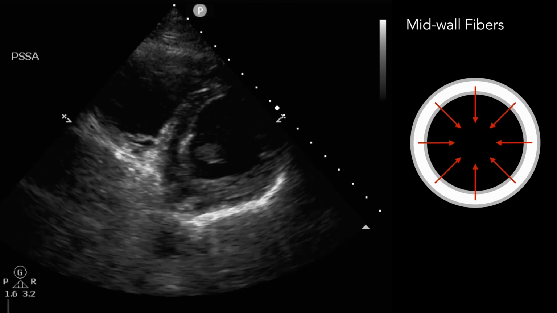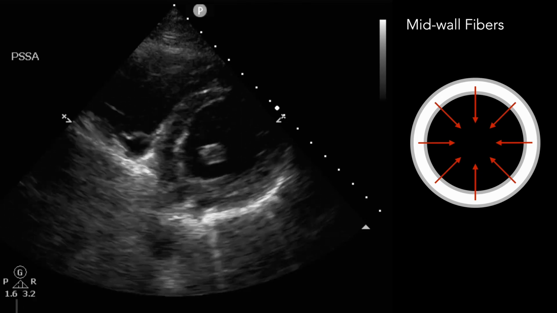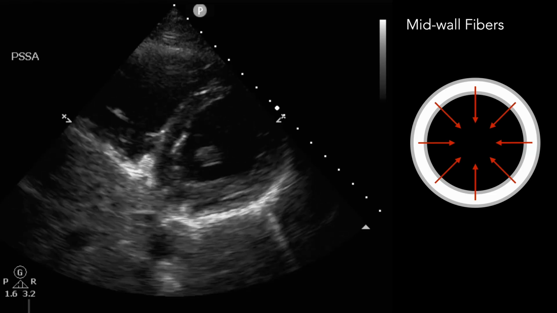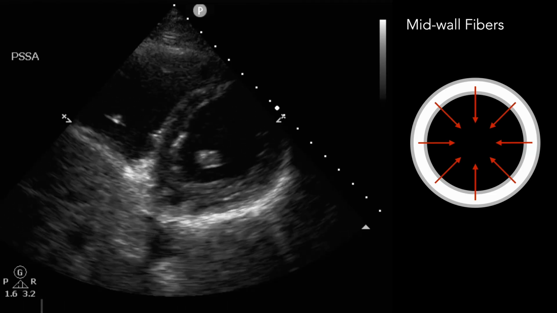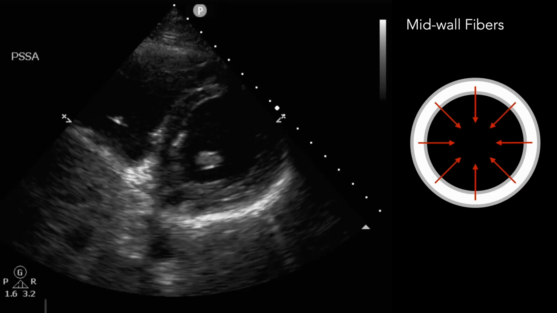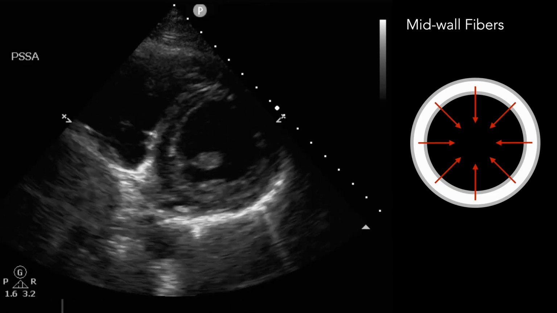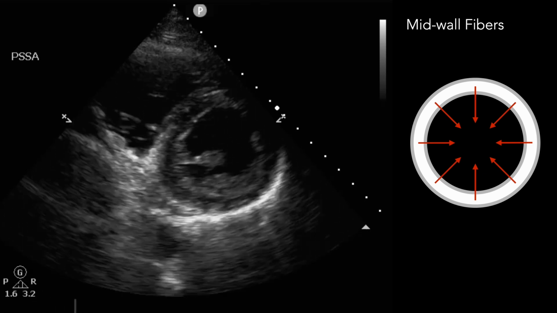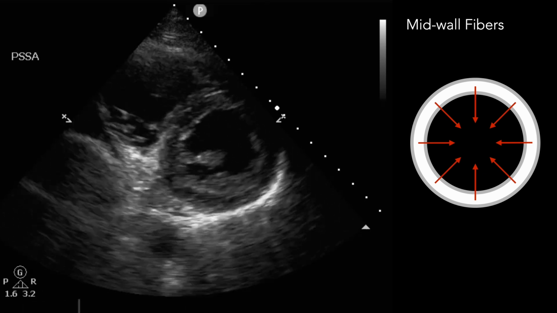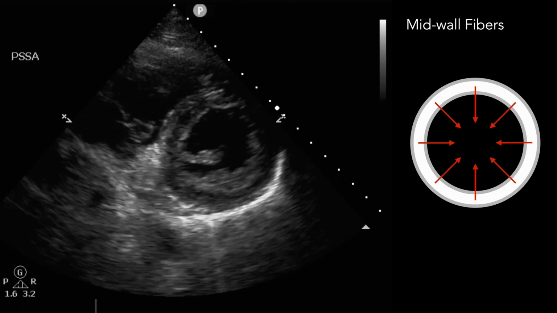One of the things that I like to do when I'm scanning, particularly the parasternal short axis, which is what we see here, looking for regional wall motion abnormalities, is to literally put my finger in the middle of that screen. And okay, don't touch the screen because it makes it all dirty, and all the people who obsess about fingerprints on your screen, like myself, don't like that. However, if you put it towards the middle of the screen, you can then watch all those different walls and see if they contract towards your finger. That's what I like to do.